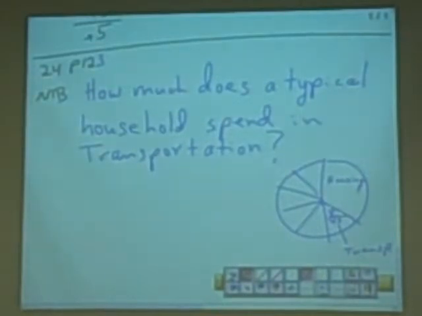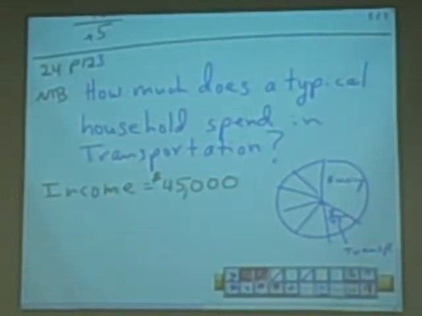Okay, so if we have a total, if we're looking at, it says here, cost of living, a typical household in the United States has an average after-tax income of $45,000. Okay, so our income is 45,000. Average income for American household is 45,000.